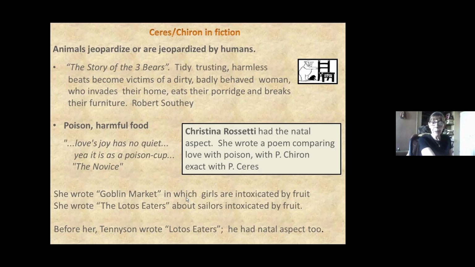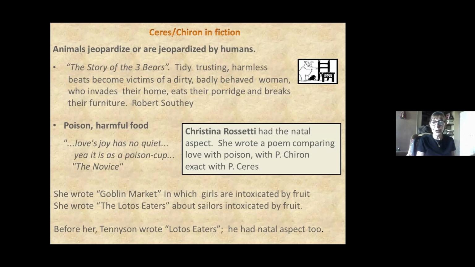She also wrote a story called The Goblin Market, in which girls are intoxicated by fruit. And what's interesting, when they got intoxicated by the fruit, they sort of tuned out to other people. They got high in a tuned out kind of way. That is imagery that is used in classical poetry.